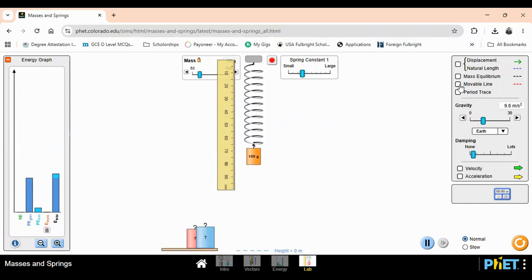So I can introduce a fixed point, okay? That's the fiducial point. It is marking exactly its rest position where we can read it. Now if I release it from here, it's easy for me to read whenever it's passing through this point. Okay, that's why we use the fiducial point.